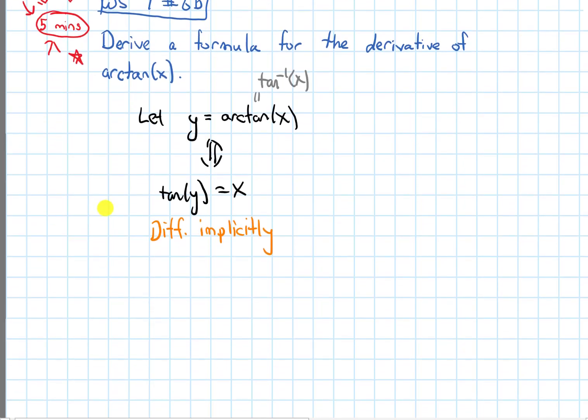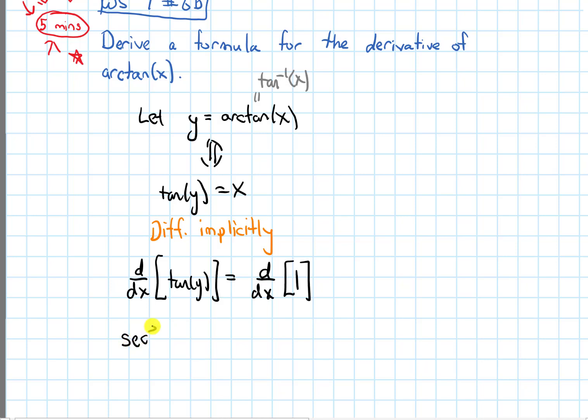All right, so we are going to take d/dx of both sides. So d/dx of tangent of y and d/dx of the x. And when the variables are different, like on the left-hand side, we have to do a chain rule. So first I take the derivative of the outside function, the tangent part, and that derivative is secant squared. So we'll get secant squared of y, and then we multiply by the derivative of the inside, which is dy/dx.